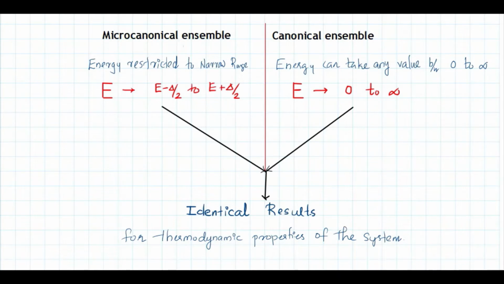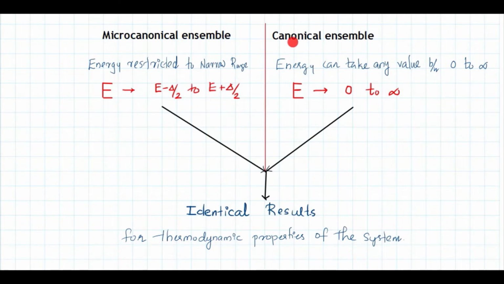In any practical system, the energy will have some fluctuation, and we can say that the energy will vary between E minus delta by 2 to E plus delta by 2. That is, practically a microcanonical ensemble is a system whose energy is restricted to a very narrow range.